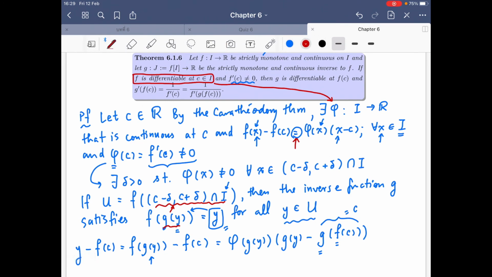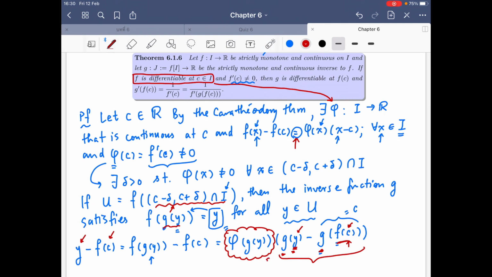On this side, you see g(y) and g at this particular point equal the point that is input here in the g, and also the point that is input there on the g. Is that correct? However, by the Carathéodory theory, if we use the difference of the function here, you are going to have one continuous function multiplied by a difference of the input of these two function values.